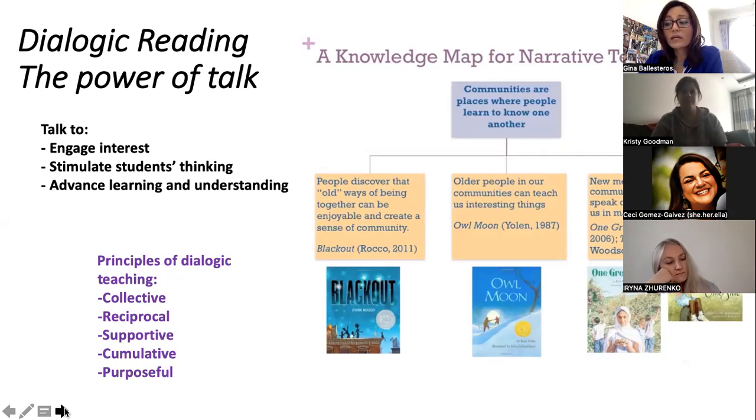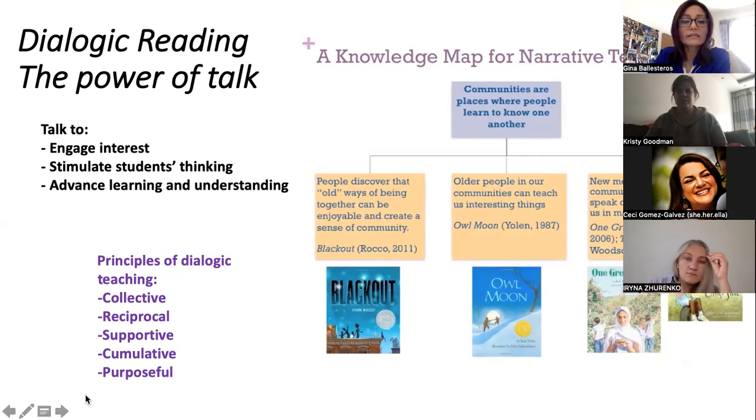This strategy pays much attention to the teachers' and students' talk. It focuses on the relationship between language, learning, thinking, and understanding. And we can connect this to the content areas, and not only with oral skills, but developing more knowledge, as I said.